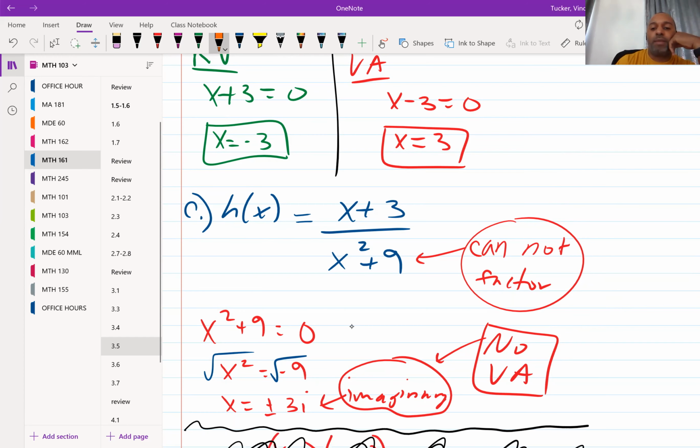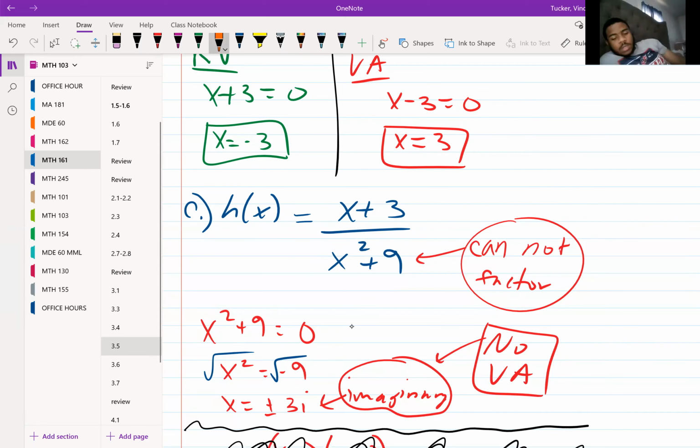No, what really produced the scenario of not having a vertical asymptote was the imaginary number. And the imaginary number came due to the positive sign being on the bottom. Plus 9 instead of minus 9. Right, exactly.